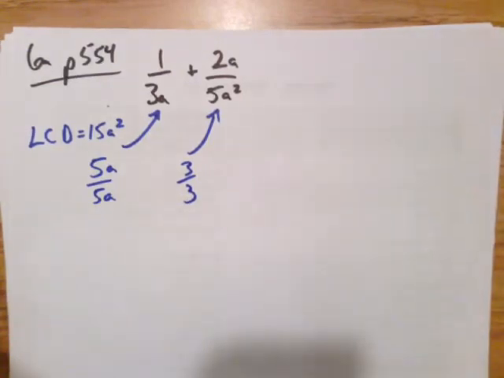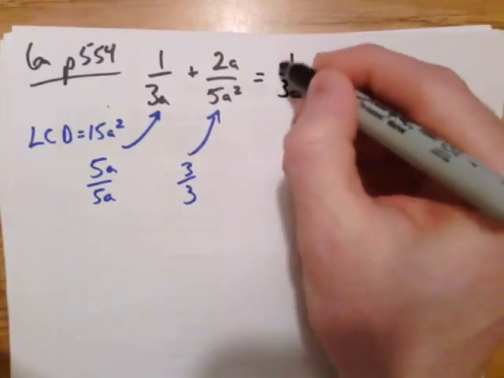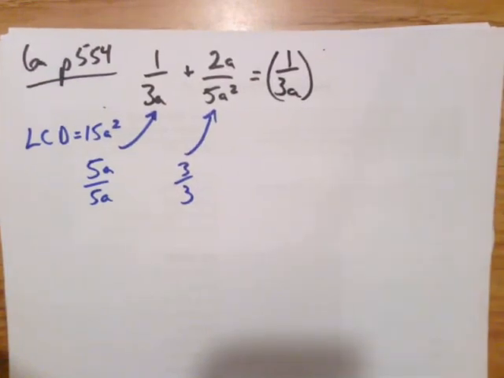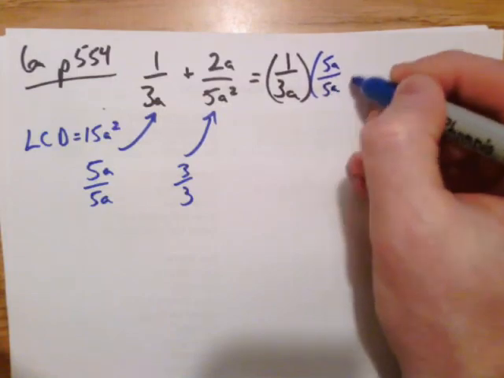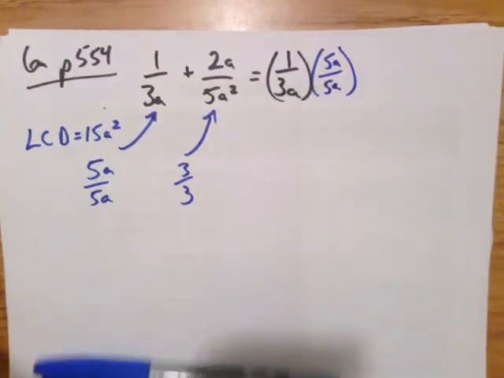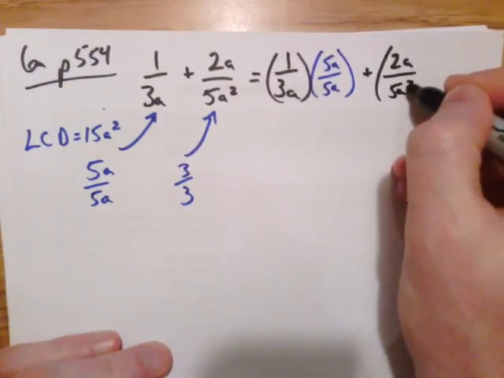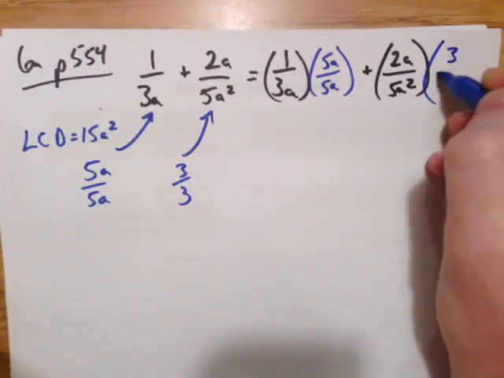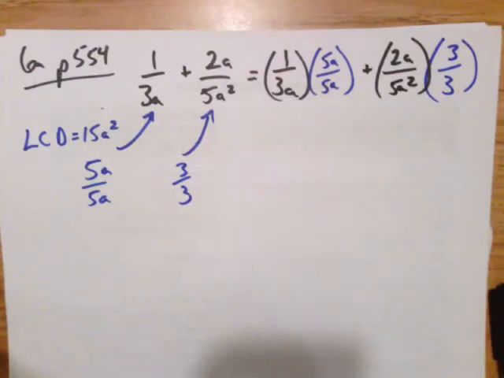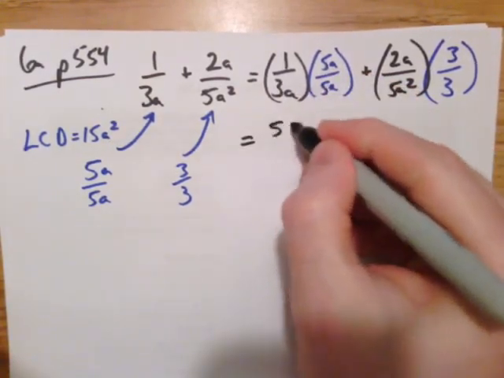So actually maybe I'll write it like this. 1 over 3a times 5a over 5a plus 2a over 5a squared times 3 over 3. Now, yeah, no, never mind.